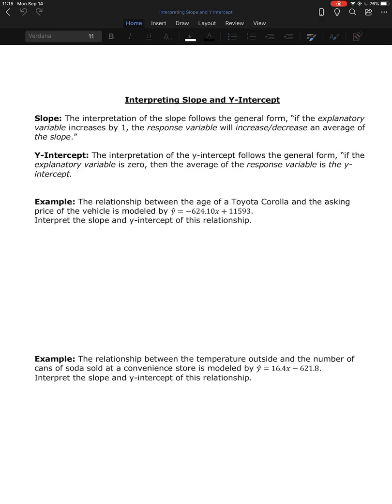So when we go to interpret our slope and our y-intercept, because we're representing real world things, I have some general forms that you can follow.